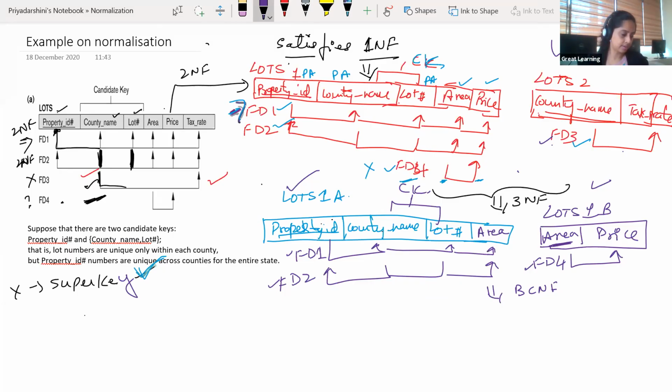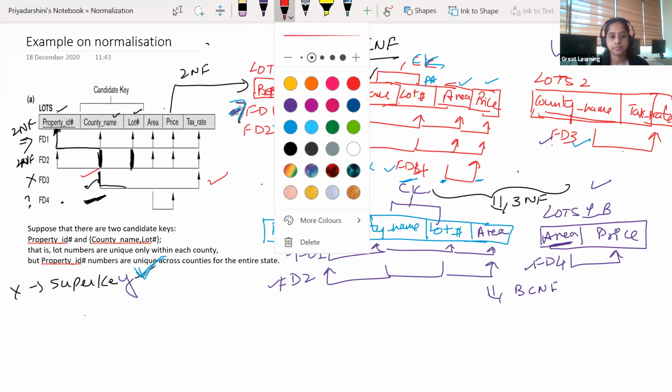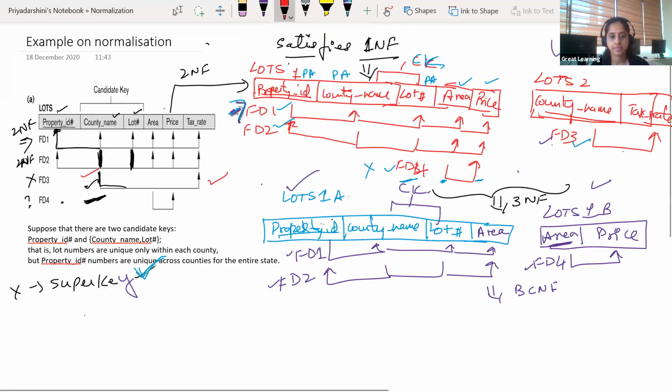Now let me add one more. Let me first divide it here. From lots, it has been divided into what tables?